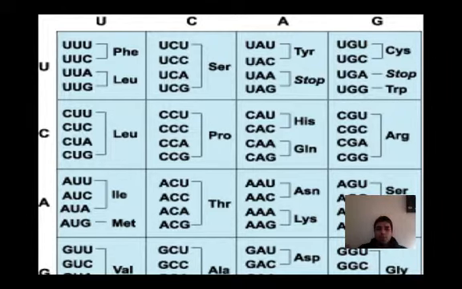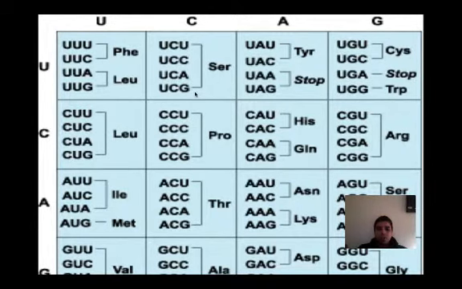So the genetic code actually is known as degenerative. What does degenerative mean? It means repetitive, meaning there are multiple codons that can code for a single amino acid. So let's say there was a mistake during the process of transcription, and instead of UCU, your body laid down UCG.